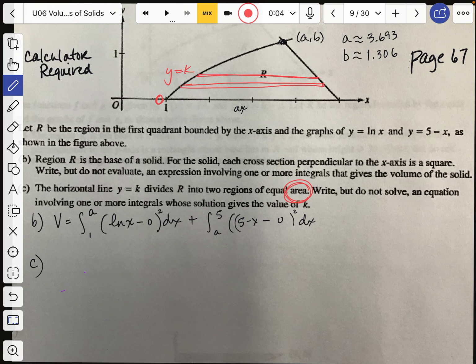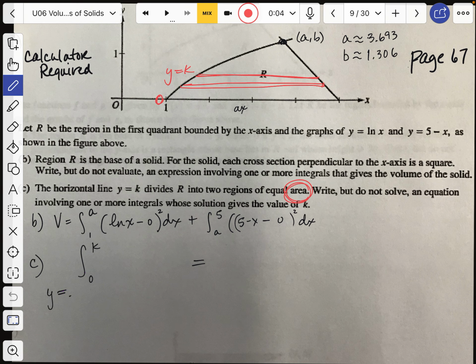If we want 2 different regions that are equal, I know I'm going to have 2 integrals equal to each other. The area of the first integral is going to go from 0 to k. Remember, we're following the y-axis now, so from a y value of 0 to a y value of k will give me these areas. If we are going to have these horizontal, then we need to solve for x, because our expressions need to be in terms of y.